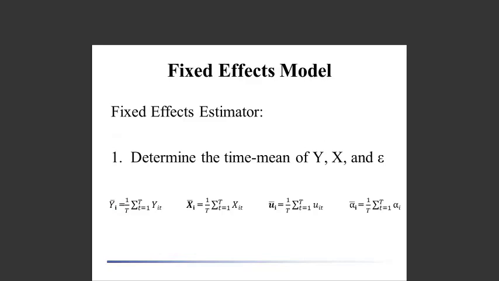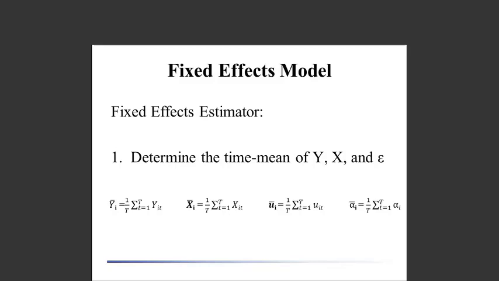So fixed effects can also be implemented with the fixed effects estimator, and this is what's usually used. This is a way of removing time invariant factors from our model. This works by first determining the time mean of each component, which we'll call, in this case, y bar, x bar, u bar, and alpha bar.